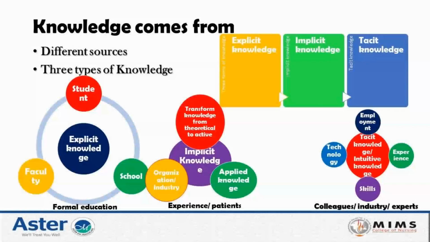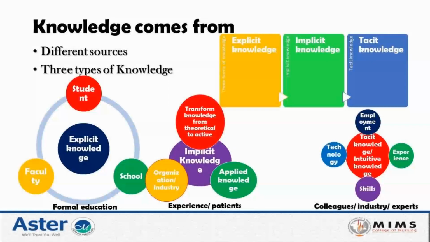When we think about explicit knowledge, usually these come from one's learning or education that he or she has obtained as a formal education in an organization or institute like school, college, etc. And you may be getting some more information from your faculty interaction, and then as a student you learn all these things. So this is the explicit knowledge.